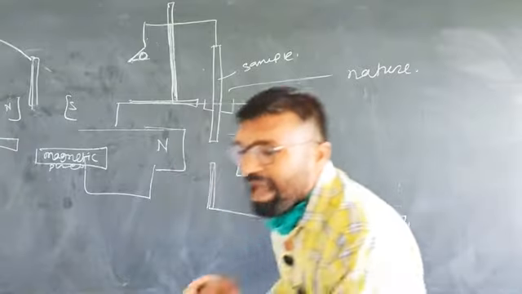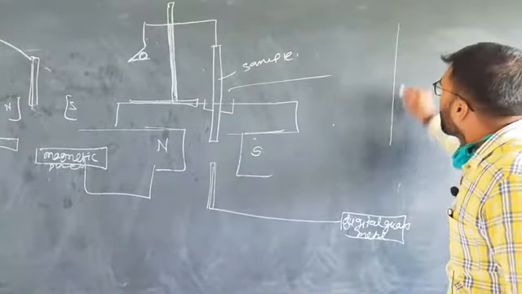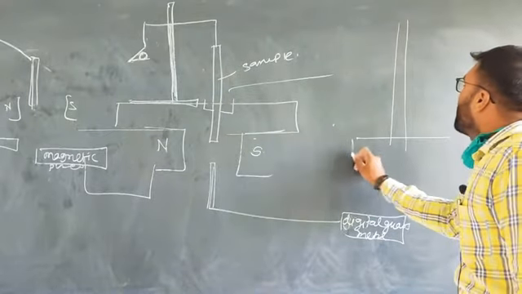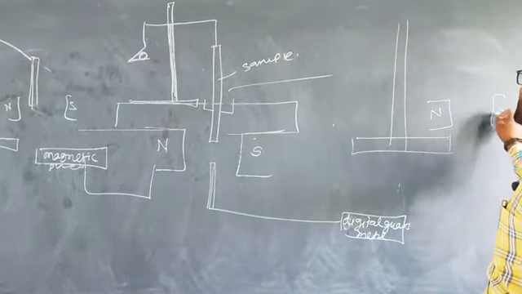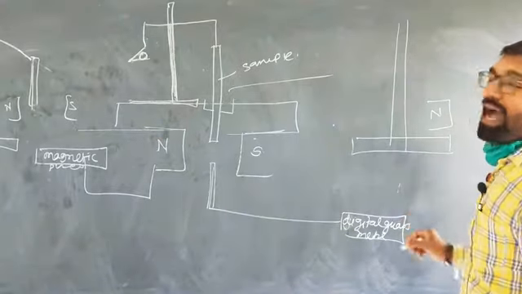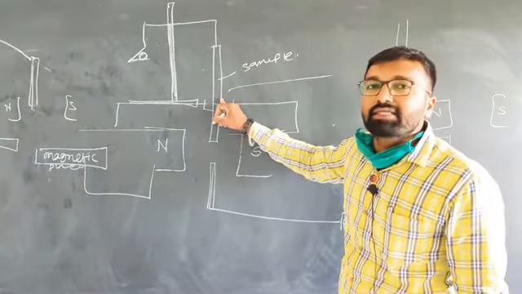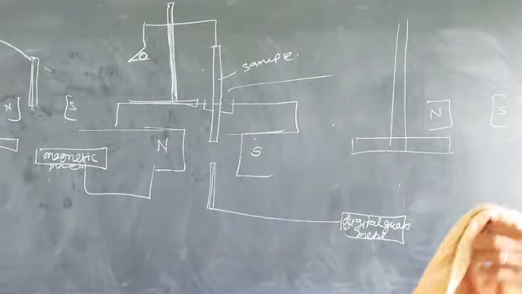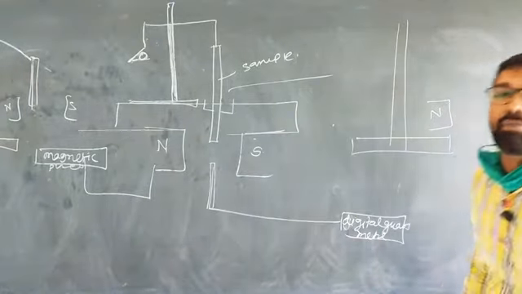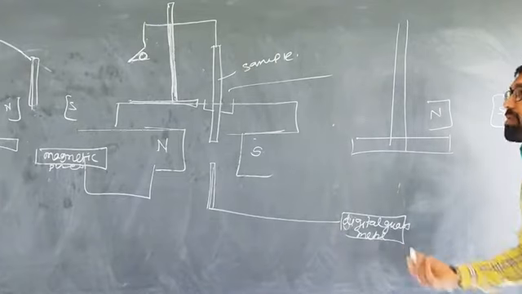What about the diamagnetic material? If the material is diamagnetic, obviously the opposite situation will be created. These are the two poles of the magnet. Suppose this is N, this is S. When the material or sample inserted in the sample probe is diamagnetic in nature, as we already studied, the characteristic of diamagnetic material is repelling.